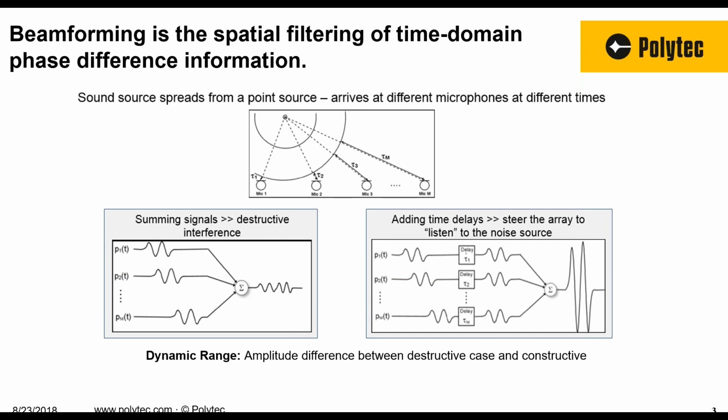Basically, beamforming is relatively simple to understand. It is similar to how human hearing works. As you can see here on this top chart, we have a noise source with 4 different microphones or sensors.